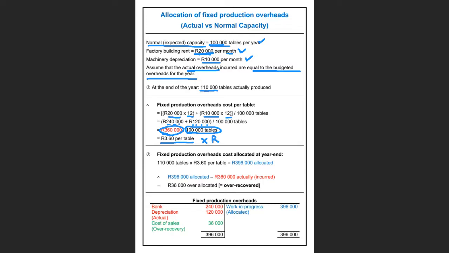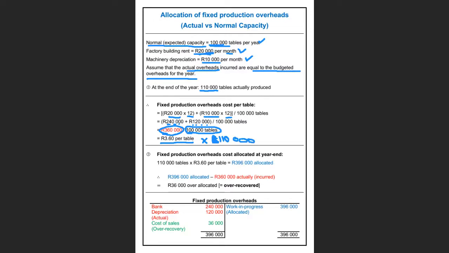Someone's given us the answer there. The amount we want to multiply it by is going to be the actual. And the actual is 110 units.